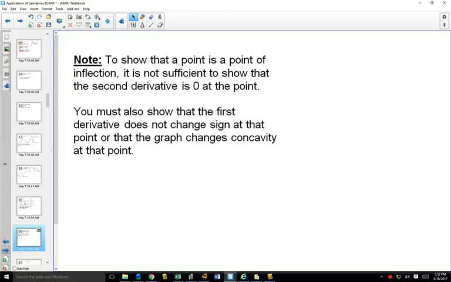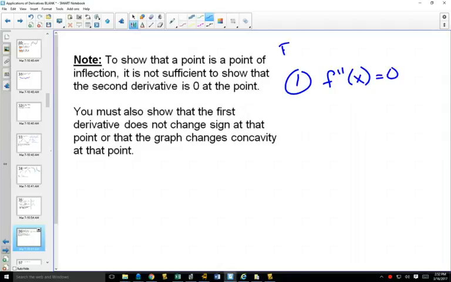So, to show that a point is a point of inflection, you have to show two things. Number one, for an inflection point, you have to show that your second derivative is equal to 0.